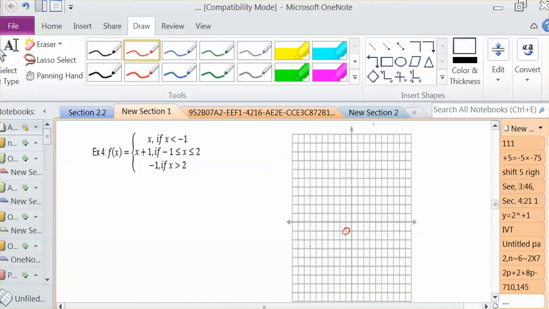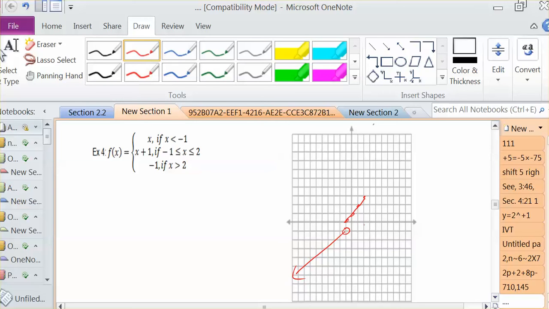If x is -1, y is -1, but it's an open circle, and of course it goes in this fashion. X plus 1, if I plug in -1, I get 0. Plug in 0, I get 1. Plug in 1, I get 2. Plug in 2, I get 3, and they're all included.